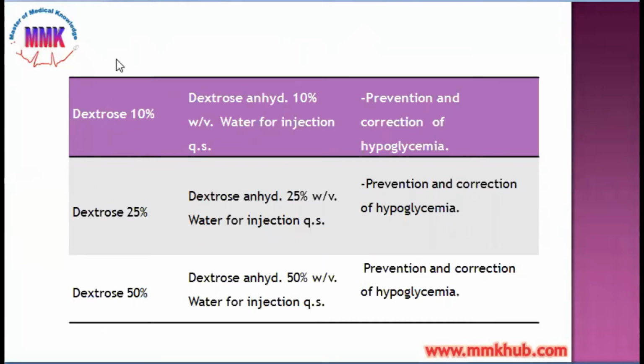So this dextrose 10% is normally used in the total parenteral nutrition formulations, and this dextrose 25% is normally used in diabetic patients who present with hypoglycemic episodes.